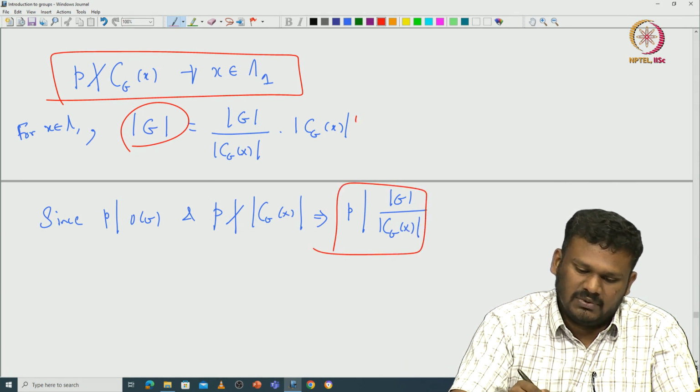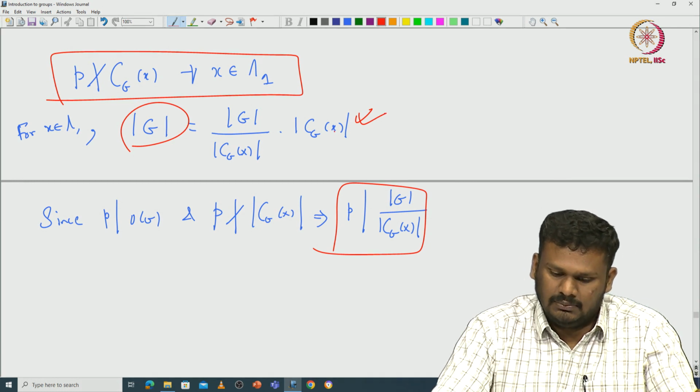So that is immediate from this equation. This is just Lagrange's theorem.